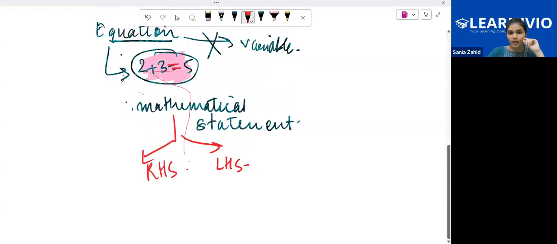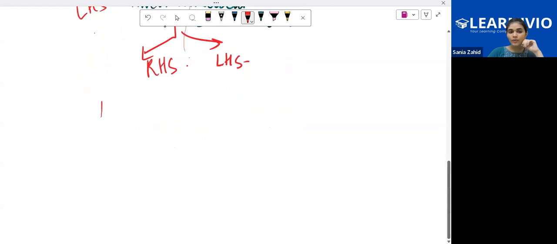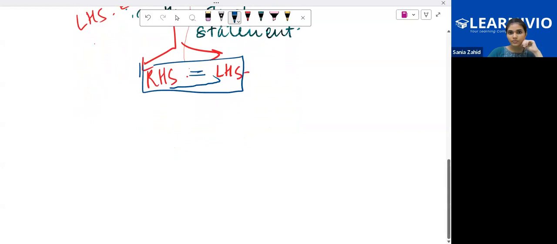The terms lying to the right side of this equal to sign are termed as RHS, and the terms lying to the left hand side are referred to as LHS. So in order to balance an equation, that means for any equation to be correct, the LHS should be equal to the RHS. It should always be equal.